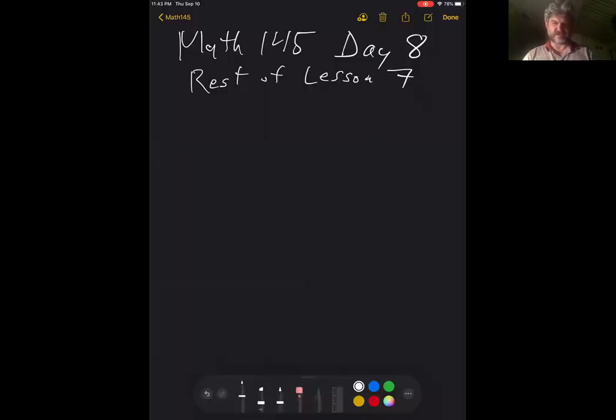So we want to investigate relationships between, well, sine and arcsine. So to begin with, sine of arcsine of x is x.